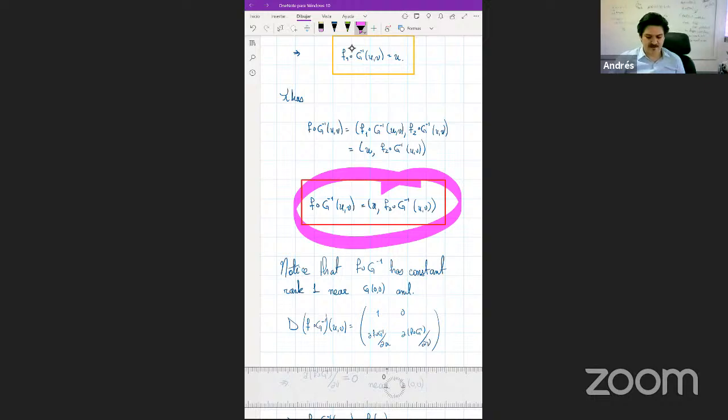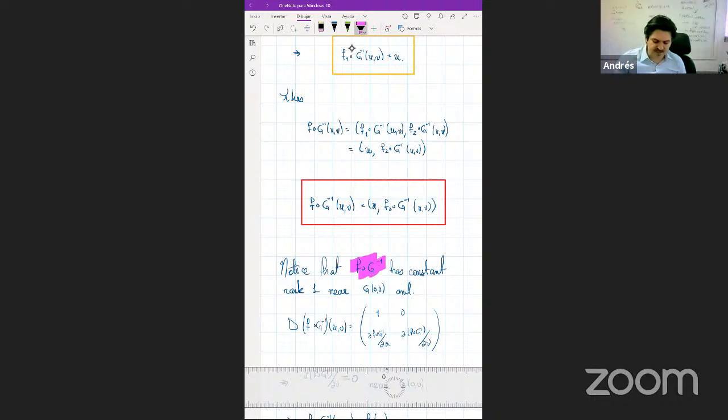So again, let me repeat this. We have the function on the red rectangle. We know that it has constant rank 1. And we compute the Jacobian. So with respect to u, I get 1. With respect to v, I get 0.